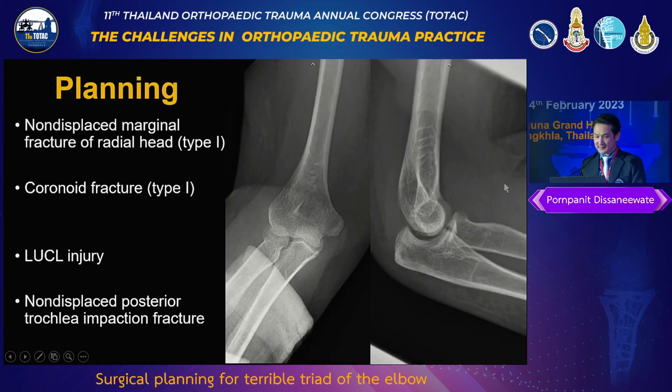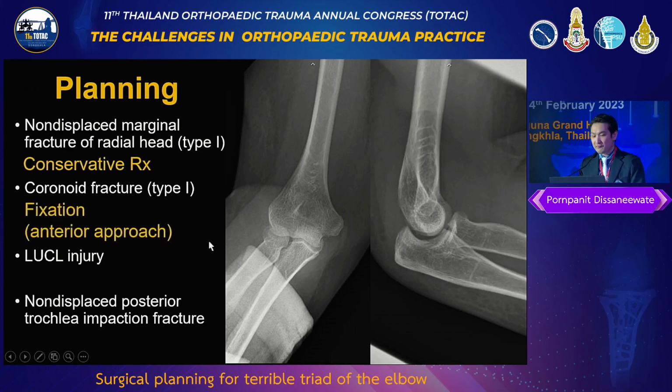So planning for the radial head type 1, yes, sure, we can treat it conservatively. The coronoid fracture, we can also treat conservatively, but in this case, I plan fixation from the anterior approach, and the LUCL repair from the lateral approach, and the trochlea, I will treat conservatively as well.